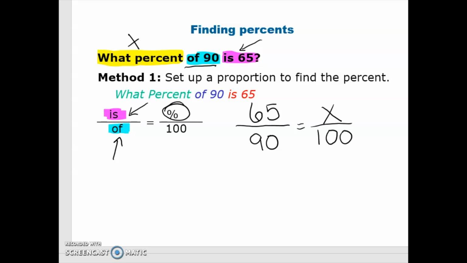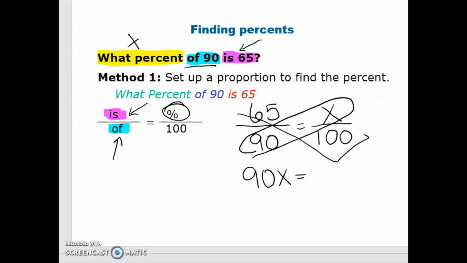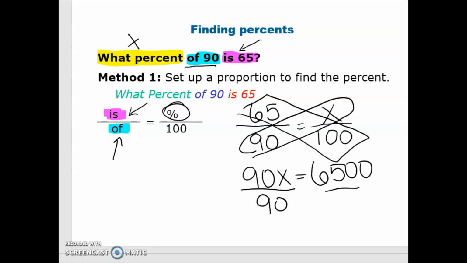We're going to use cross products to solve. So we're going to cross multiply. 90 times x is 90x. 65 times 100 is 6,500. And then we're going to divide by 90.